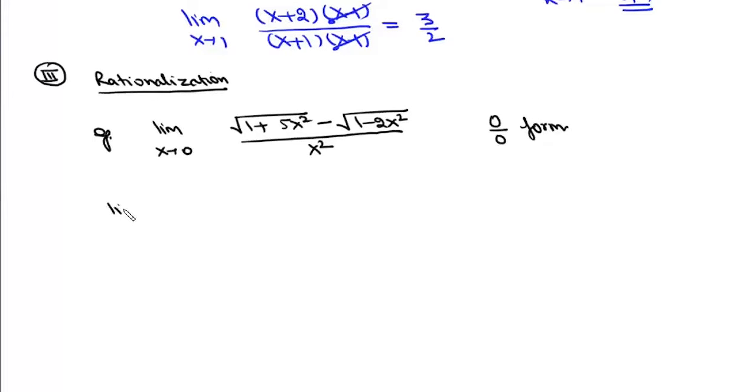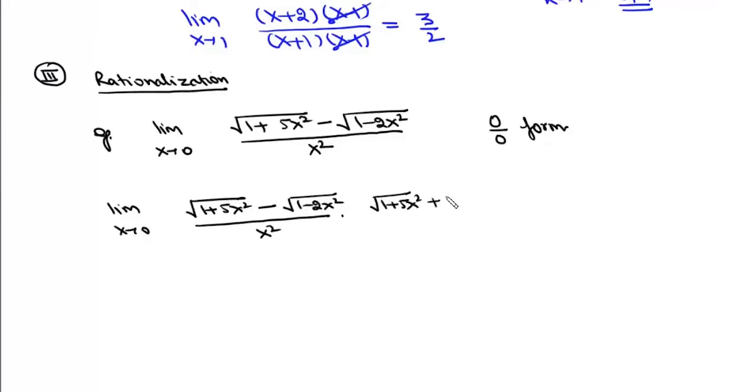Now if we rationalize it, we'll get this as limit x tends to 0 of under root of 1 plus 5x square minus under root of 1 minus 2x square upon x square into under root of 1 plus 5x square plus under root of 1 minus 2x square, upon under root of 1 plus 5x square plus under root of 1 minus 2x square.